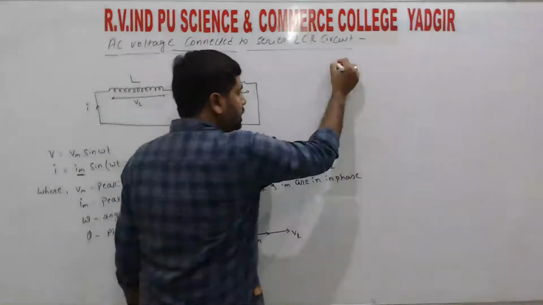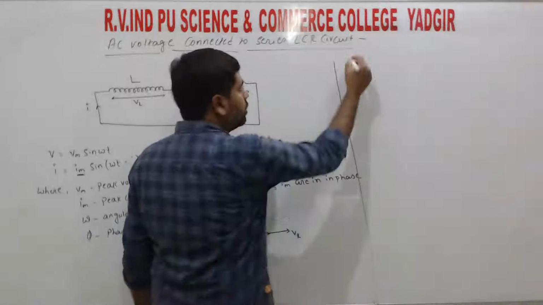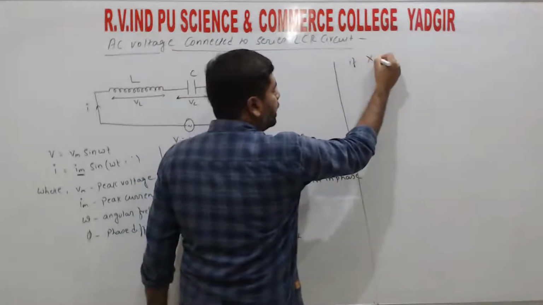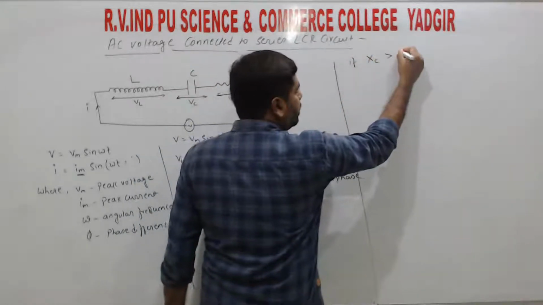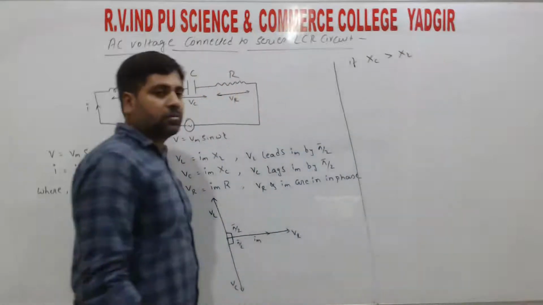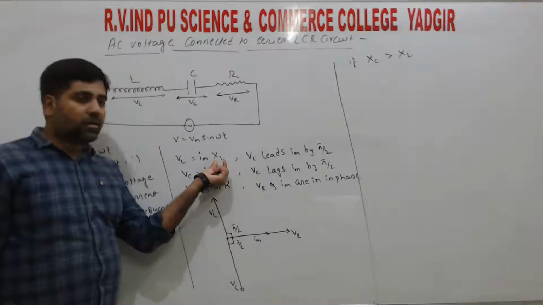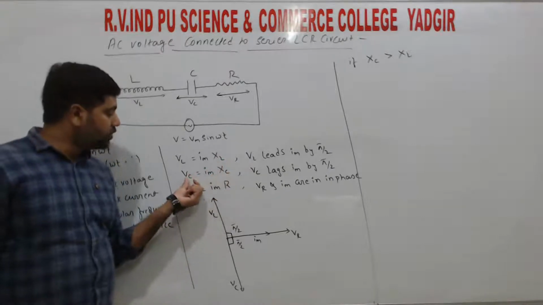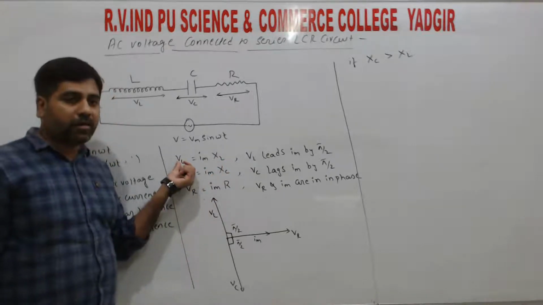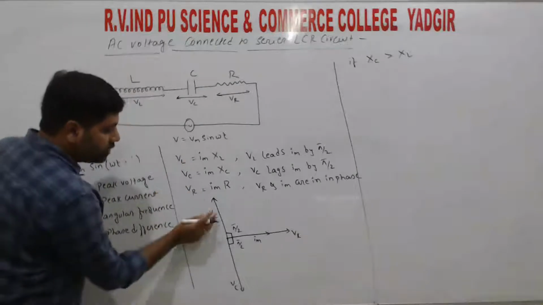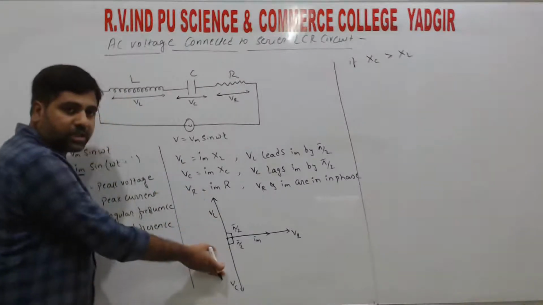So now considering the case if XC is greater than XL, right? So that means capacitive reactance is greater than XL, that means voltage VC is greater than VL, right? So now we represent this in the phasor.